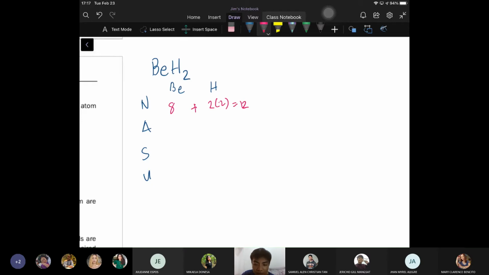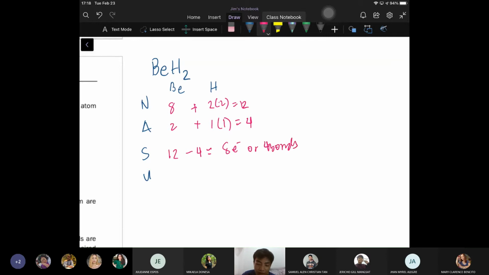About the available electrons: beryllium, 2 available electrons yan. Hydrogen, 1 lang. So that's 2 plus 2 equals 4. So shared will be 12 minus 4, that will be 8 electrons or 4 bonds.